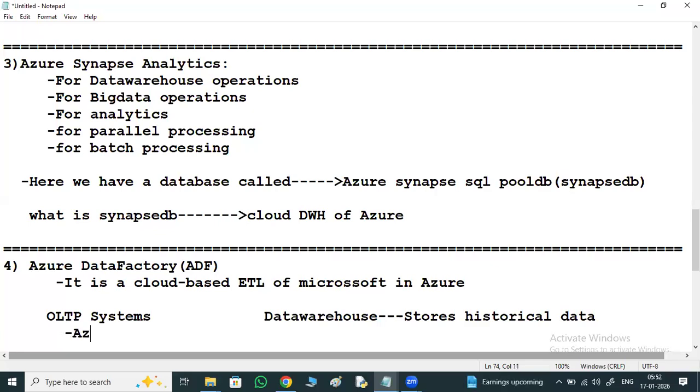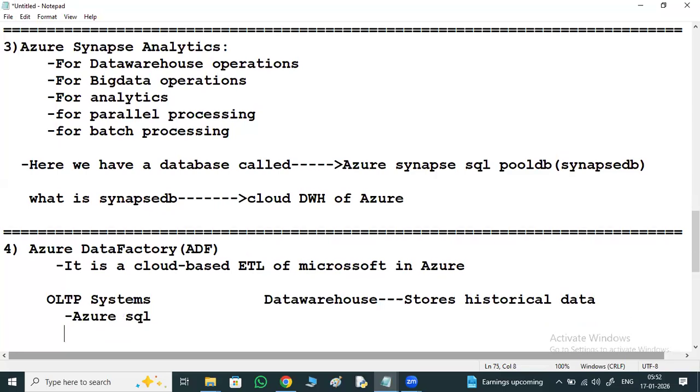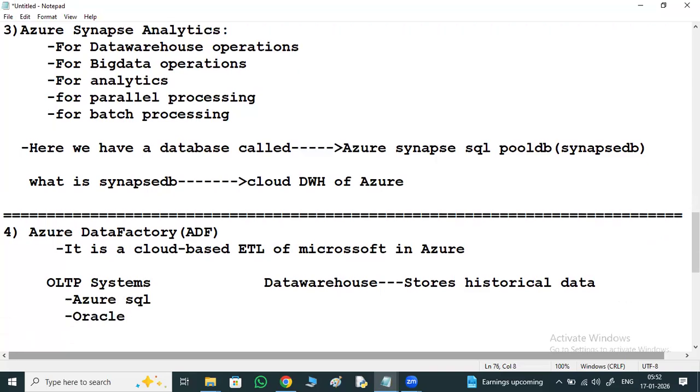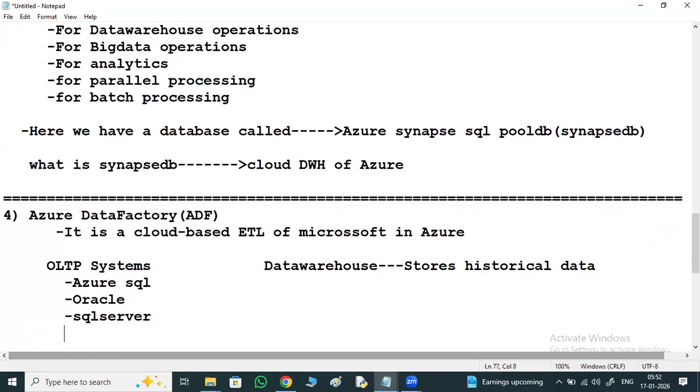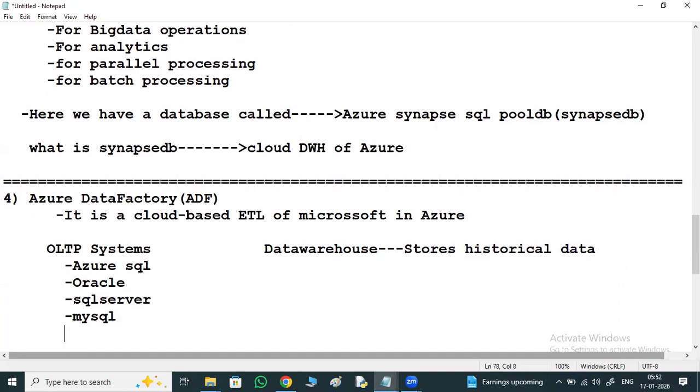Azure SQL comes as an OLTP, online transactional processing. Oracle, SQL Server, MySQL, MongoDB.